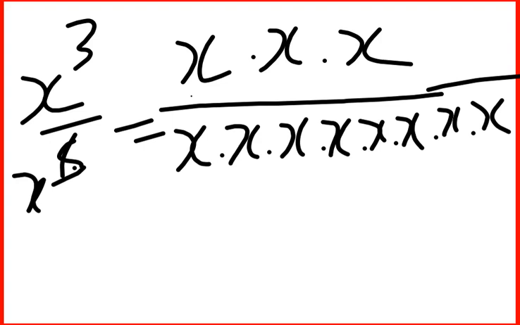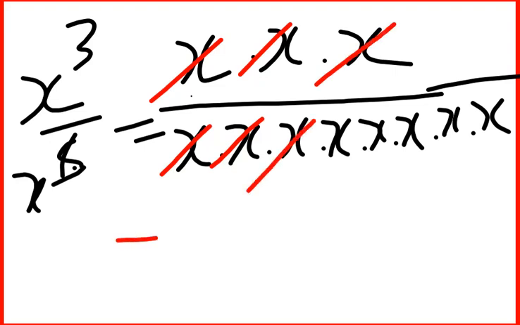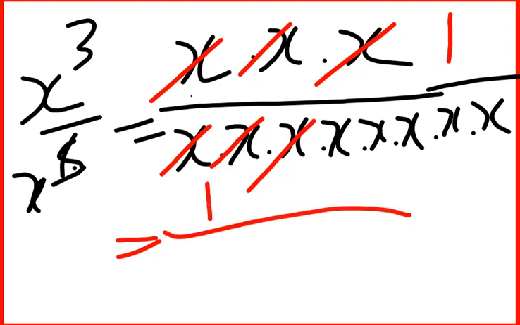So what does that mean? Let's take a different color so we can see what we're doing. We can cancel that x, cancel that, cancel that, because there's multiplication over multiplication, meaning it's one term over one term, right? So we cancel that one, cancel that one, cancel that one, cancel this one, and cancel that one, and we get that our answer is here. There's only one now, so it's 1, right?